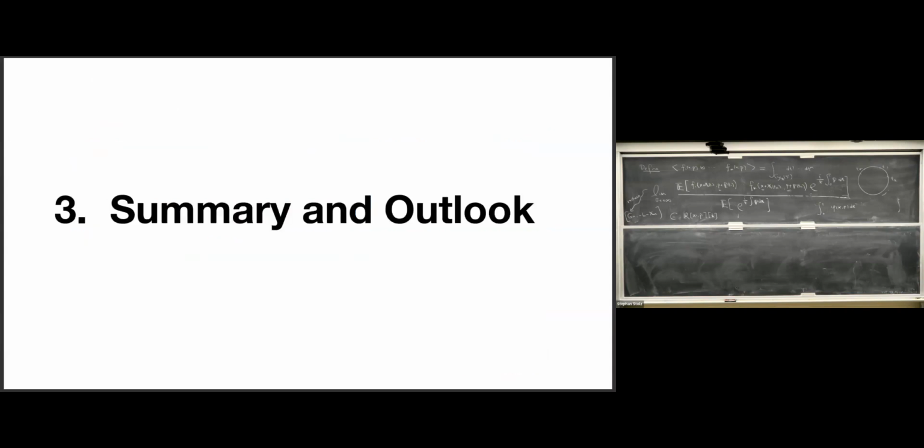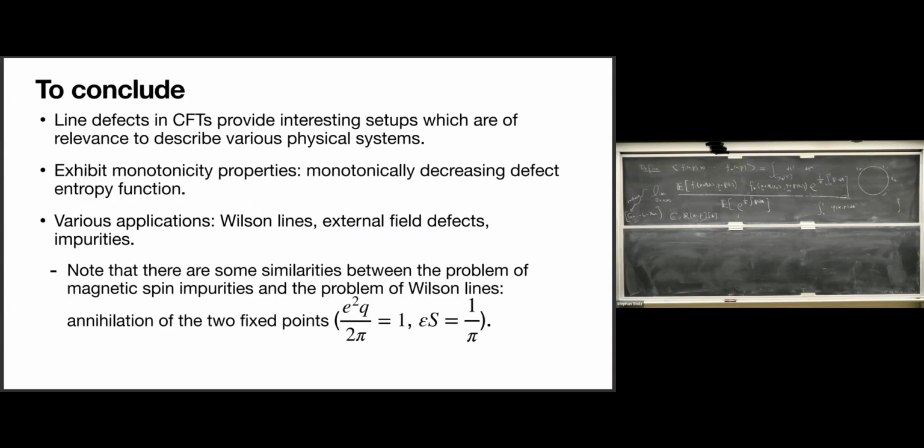Okay, that's all I wanted to say. I will quickly conclude. Line defects in conformal field theories provide interesting setups that are of relevance to various physical systems. They exhibit monotonicity properties, with the existence of a monotonically decreasing entropy function for the defect. I discussed various types of applications.